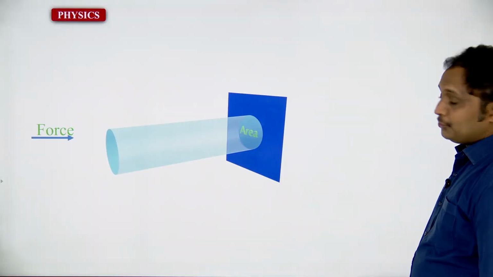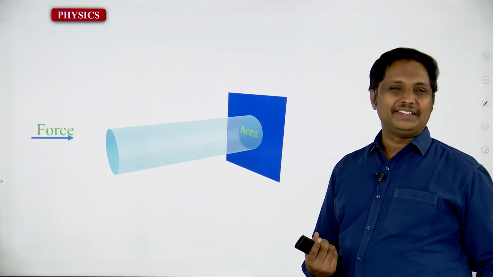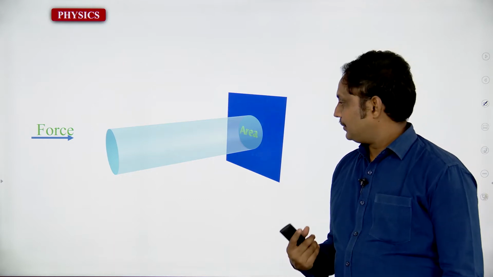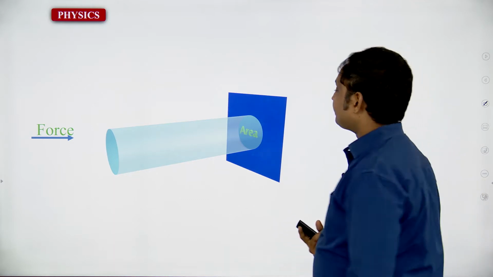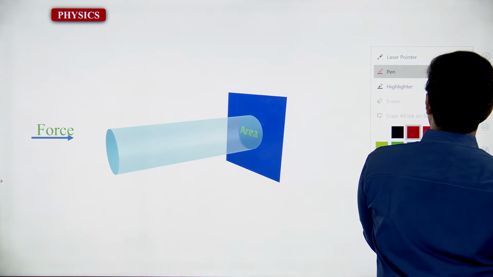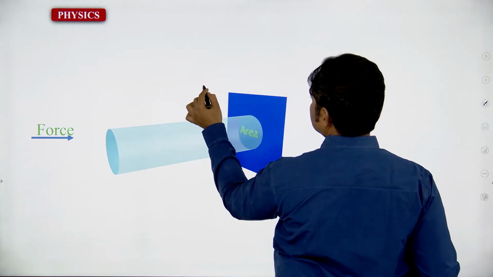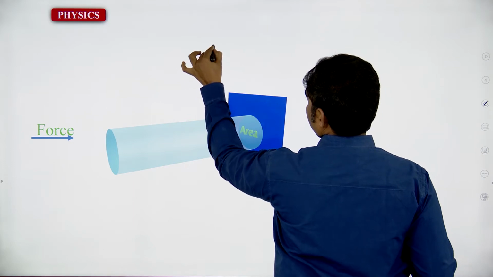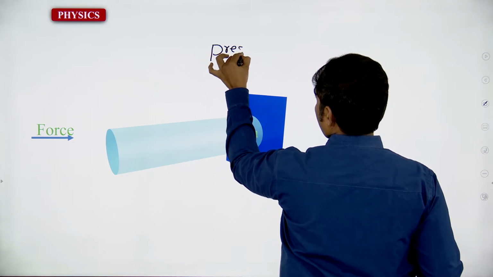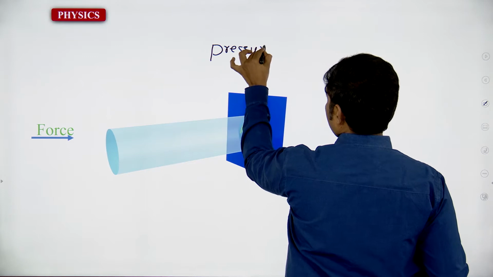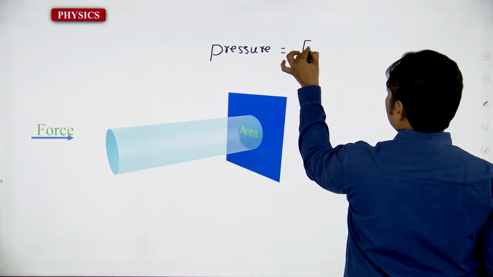Let's have a look at that matter. If you want to measure pressure, you can take force per unit area. Pressure is equal to force per unit area.